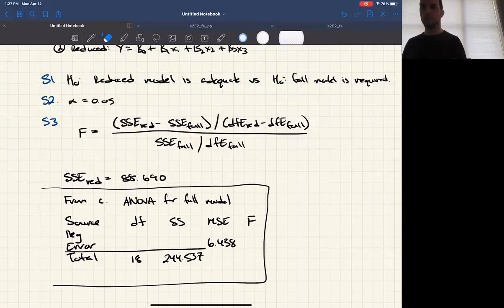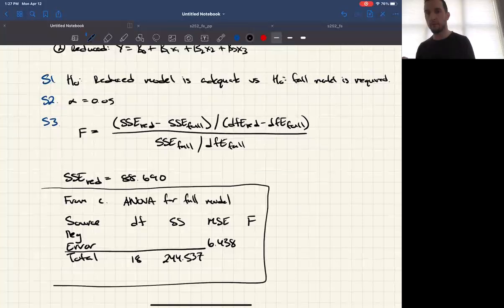Sorry, is everyone with me so far? What I'm doing right now is working out the sum of squares error for the full model, because we have reduced, we need full, and then we can get the degrees of freedom. Any questions?